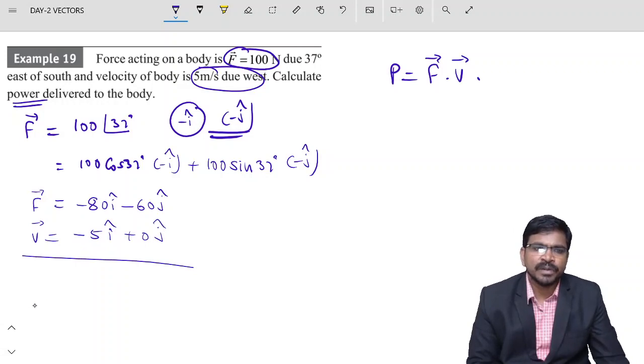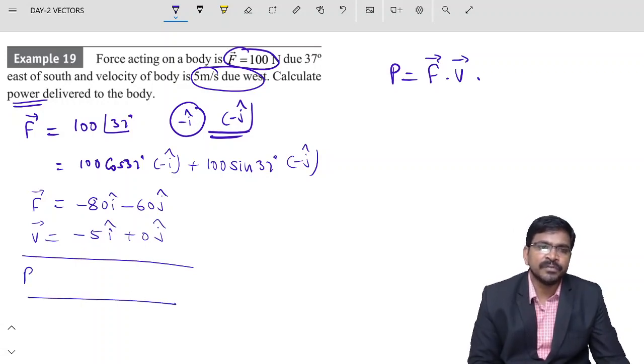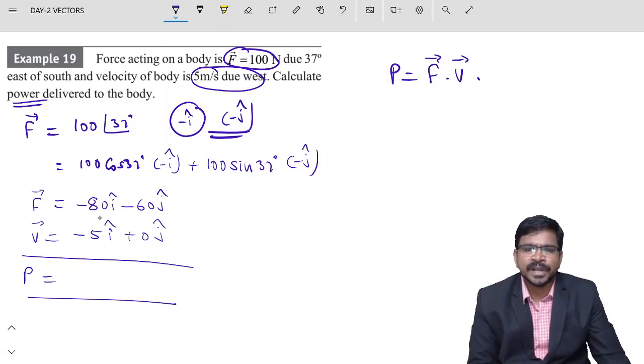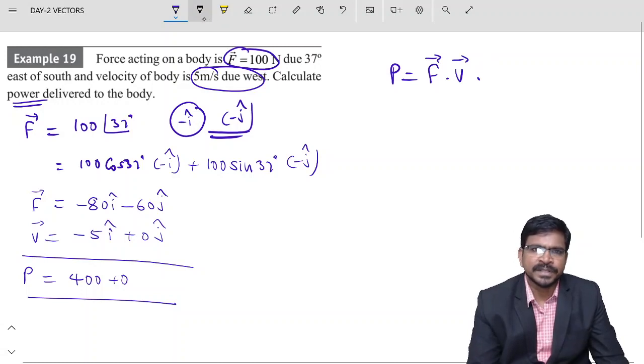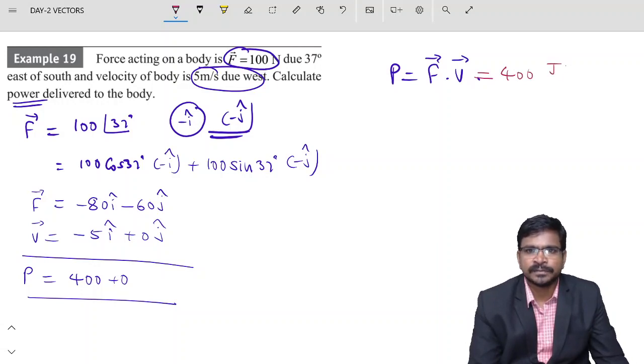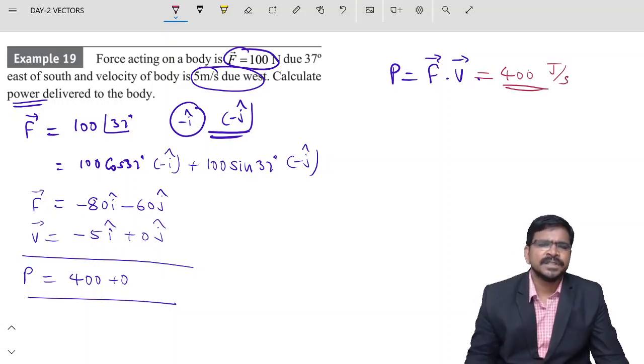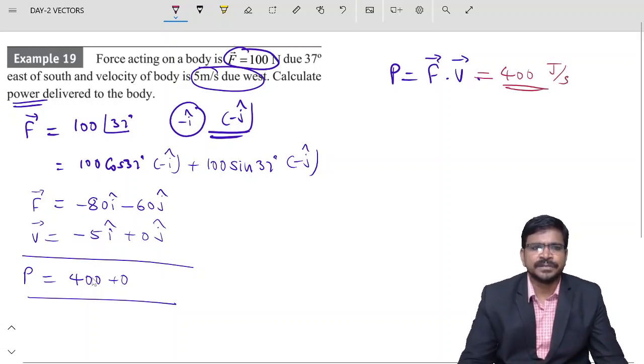For power we want the dot product F dot v, equal to the i components multiplied directly: 80 into 5, 400, minus into minus is plus, so 400. 60 into 0 is 0. So now what is power here? Power is 400 joules per second. Okay. This is very simple. Next.